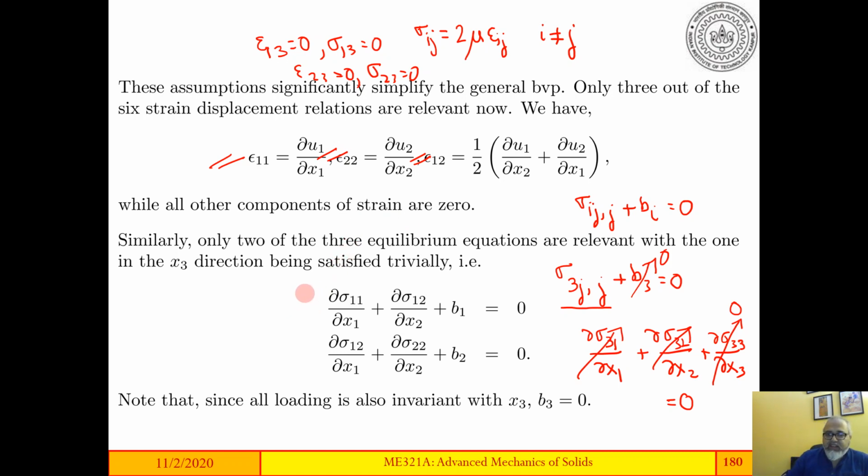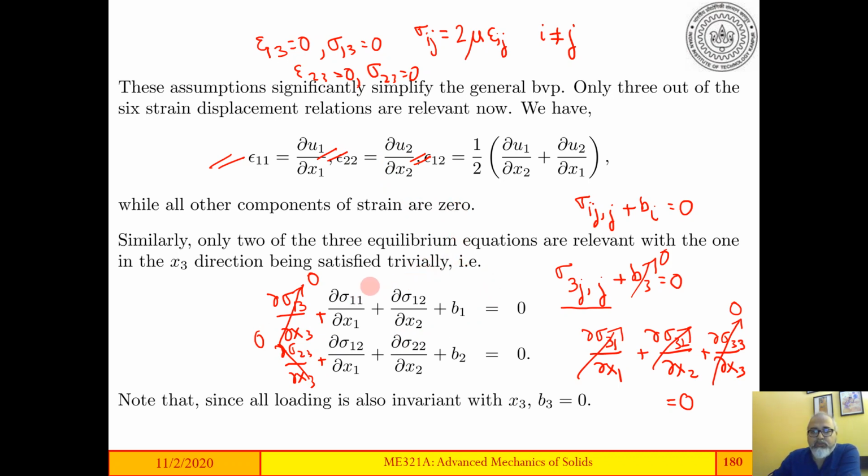In the first and the second equations, for i equal to 1, let's write that, sigma 11 x1 plus sigma 12 x2, and then you have a term sigma 13 x3. This term is also equal to 0, and here also you will have a term sigma 23 x3, which will also be equal to 0 for the reasons that we have just discussed.